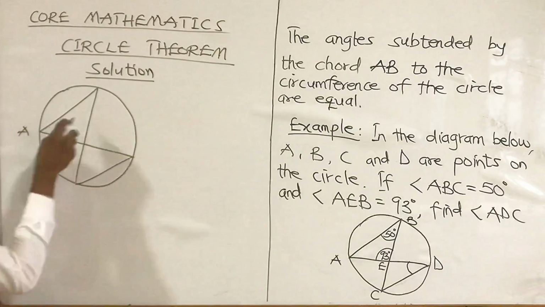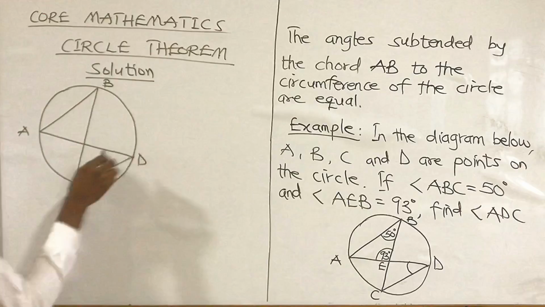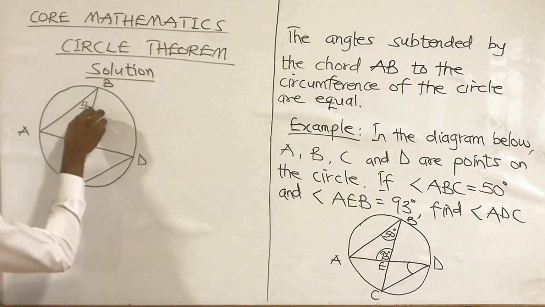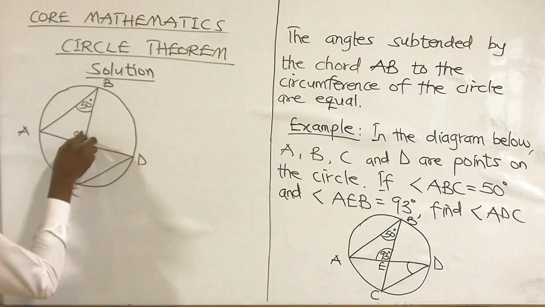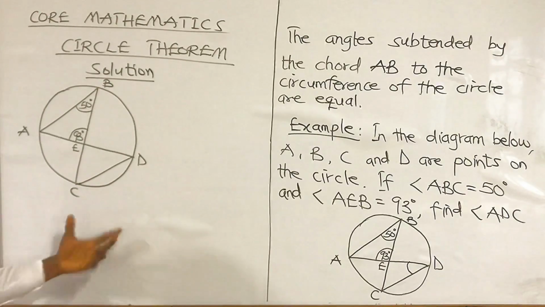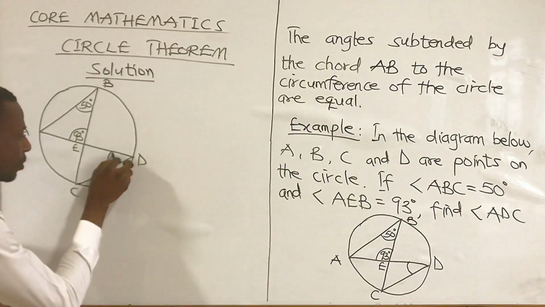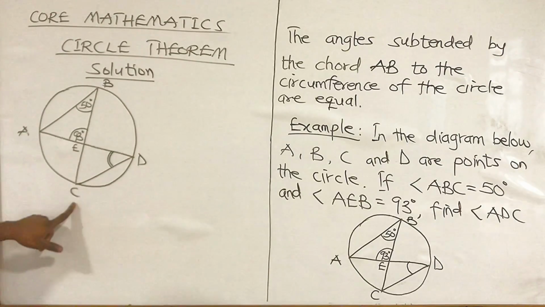So we have A, B, C, D. All right, so this is the circle. Then the question is saying that we should find the angle here, which is angle ADC.